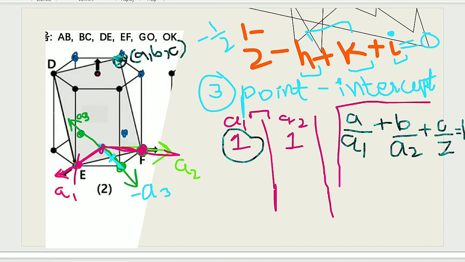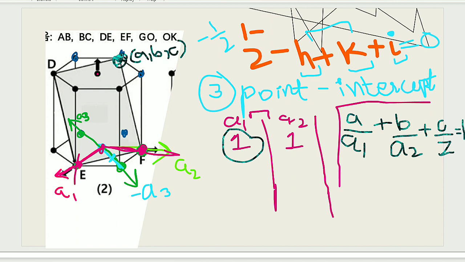What does coordinates mean? Coordinates mean how much you have to move along the a1, a2 and z axes in order to reach that point if you start from the origin. This is what we call coordinates. So we'll find the position of that point relative to the origin, and these positions will give us the values of a, b and c.